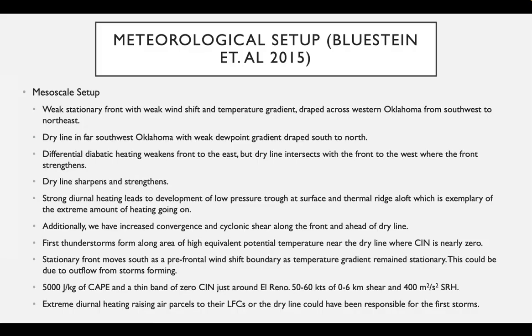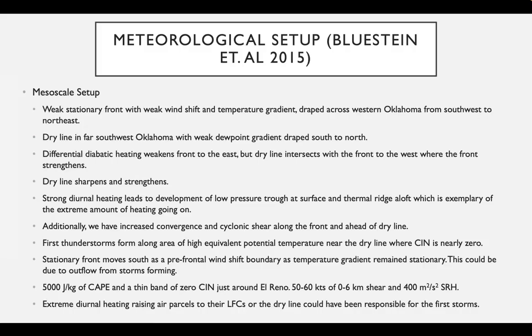Additionally, there's increased convergence and cyclonic shear along the front and ahead of the dry line. And what ends up happening is first thunderstorms form along an area of high equivalent potential temperature or high diurnal heating, or it could have also been the dry line or a combination of both.